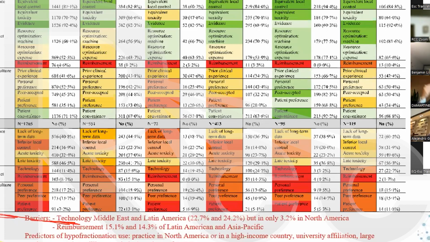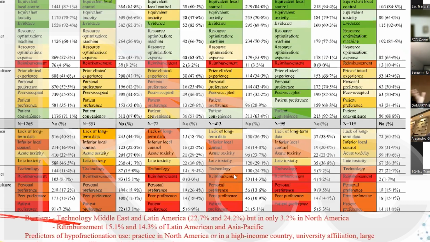To think about reimbursement, each country has its individual characteristics. In Colombia, for example, we have a bundle payment, while in other countries, such as Mexico and Peru, there are fraction payments. And in the rest of the countries, there are differences in the type of reimbursement for these treatments. So what are the predictors for the use of hypofractionation?